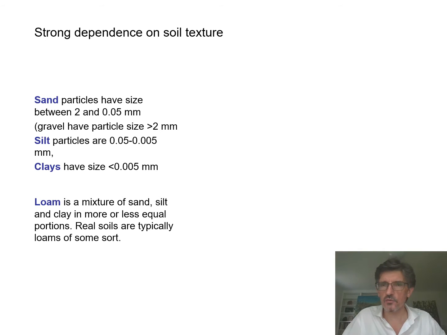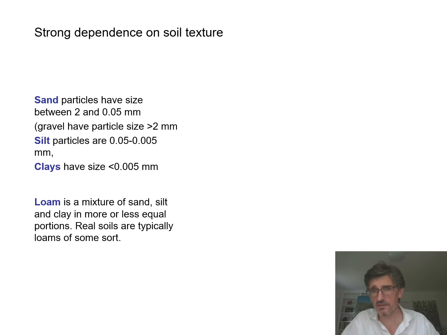The soil water retention curve, like all the other hydraulic properties, has a strong dependence on soil texture. I've shown you already the two curves depending on whether you had a loam or a sandy loam, but I didn't define what these are. So let's see. There is a classification of types of soil based on their texture.